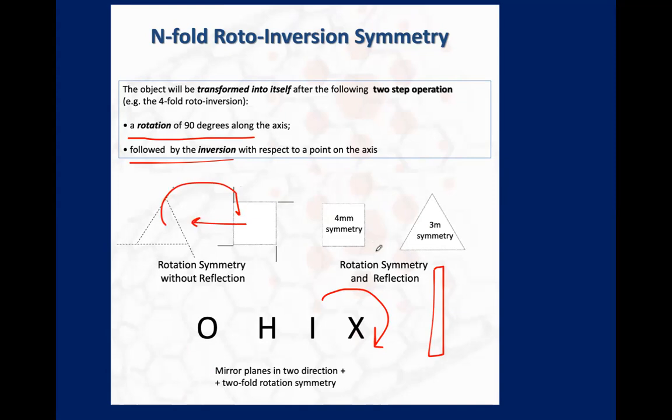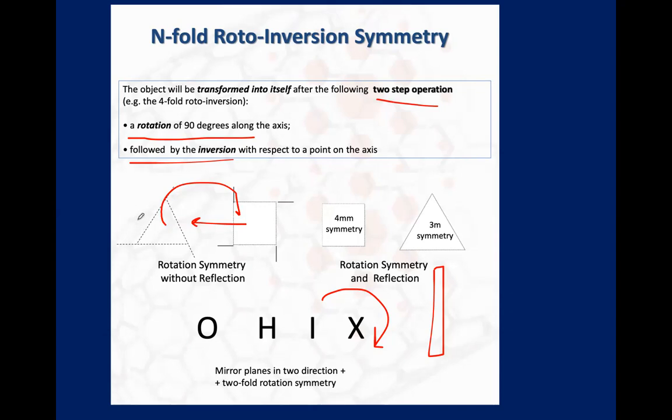So this is called roto inversion. It's a two-step operation. You do the rotation and inversion. For example, this one. See here, this triangle.